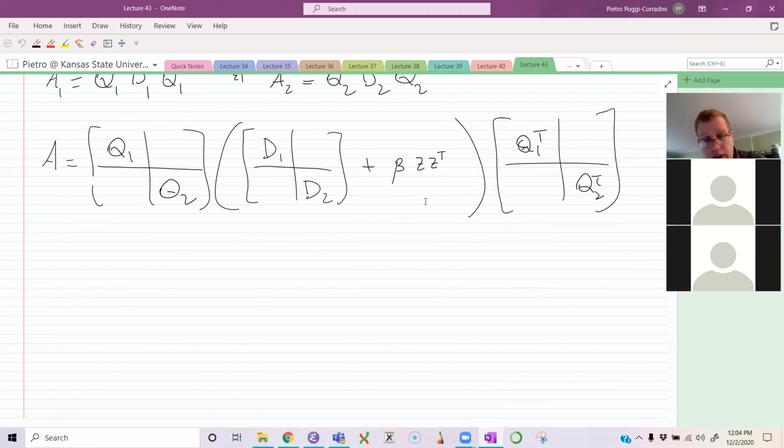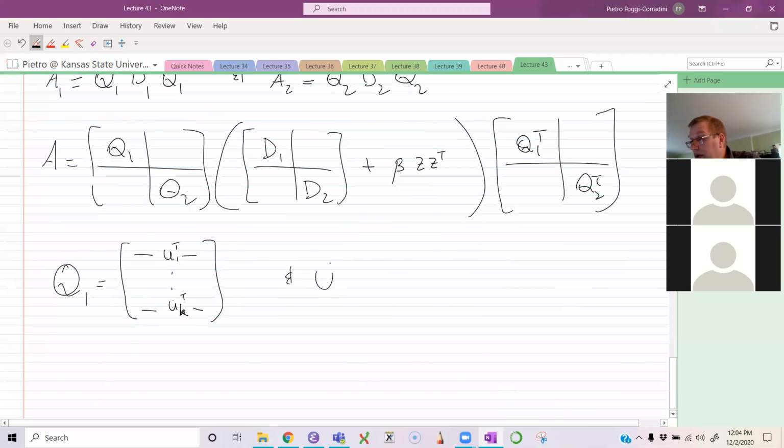Well, I have to tell you what U1 and U2 are. It's a bit strange, but I'm going to think of U1 in terms of its rows. It's a K by K, so that's going to be like that.